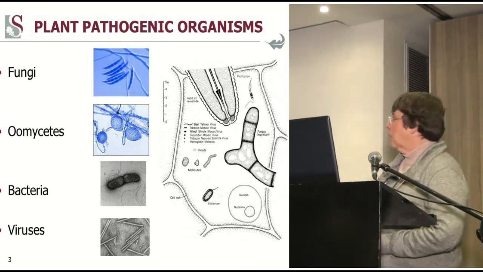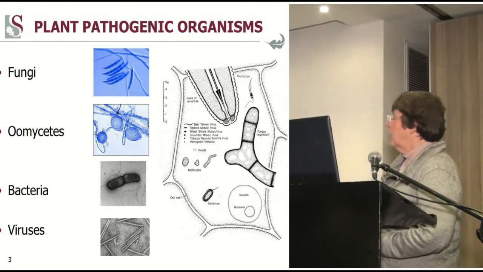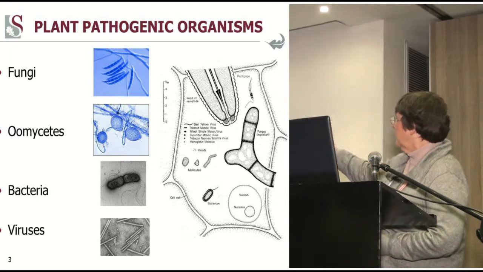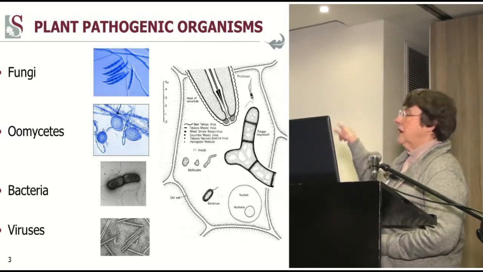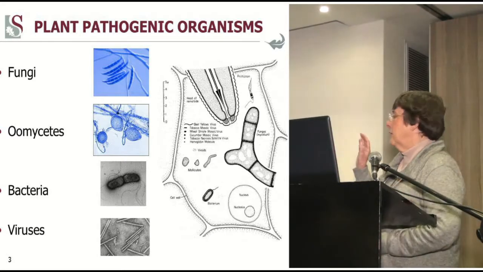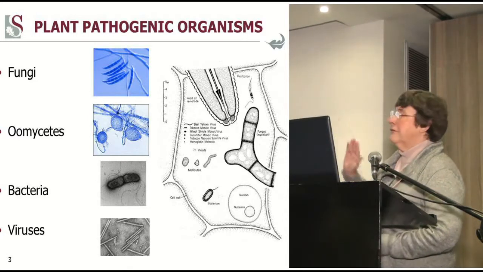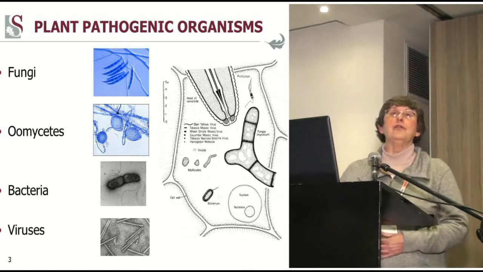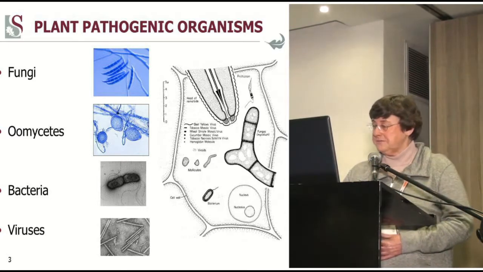If we look at the plant cell there, I've just got a schematic drawing of a plant cell, you will see the relative sizes of those particular organisms. If that's an entire plant cell, you see we go from the fungi to the bacteria to the viruses, getting smaller and smaller in the organisms that we're talking about.